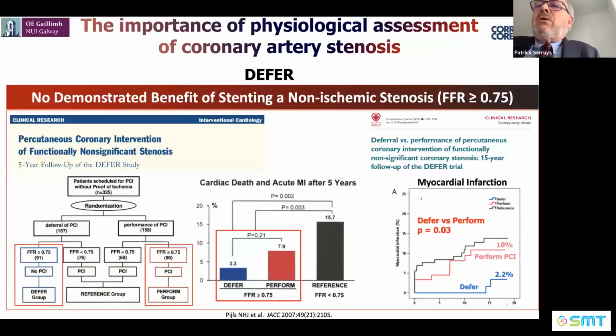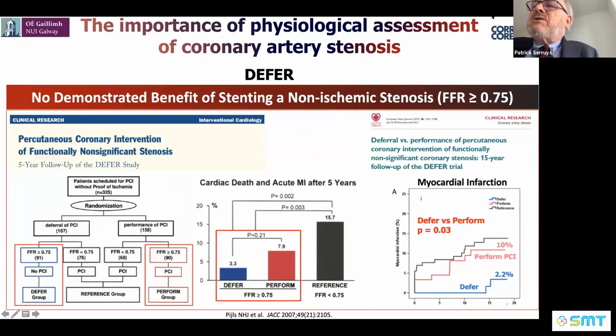Now, I don't have to talk too long about that, but what was important is that DEFER demonstrated that there will be no benefit of stenting in a non-ischemic stenosis.